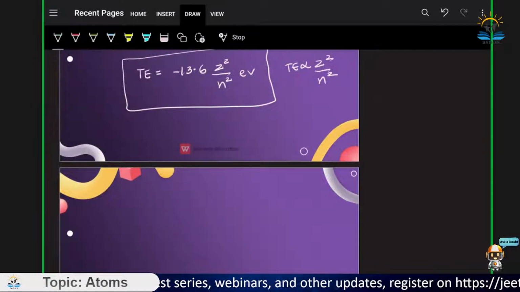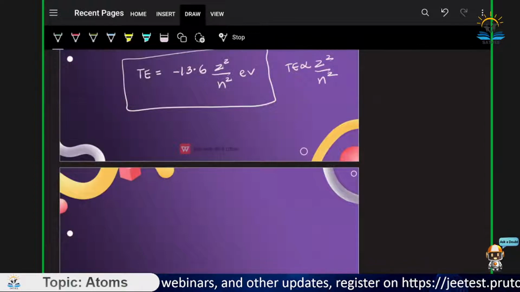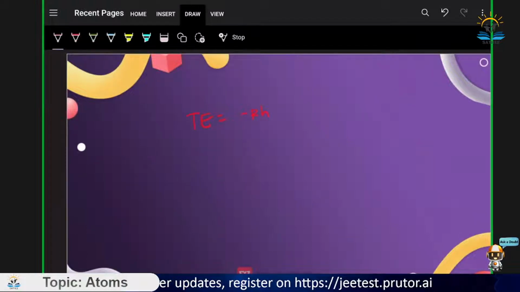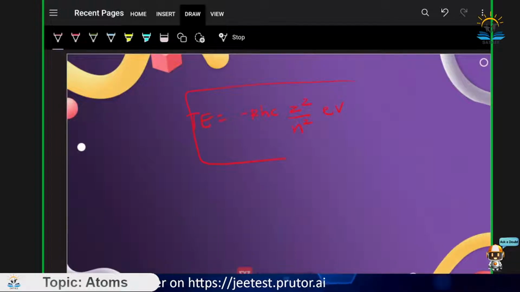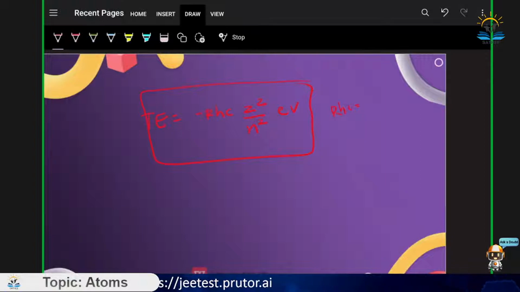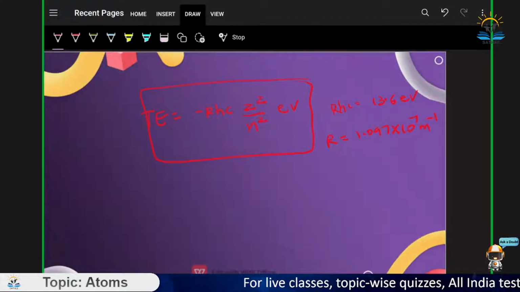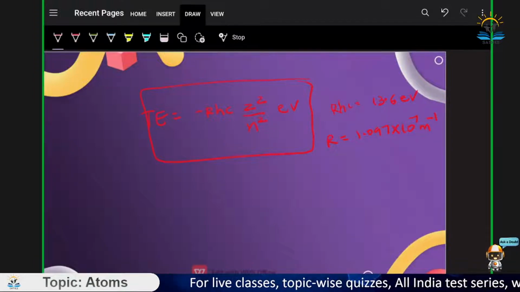So total energy equals minus Rydberg constant z square by n square electron volt, where the Rydberg constant is 13.6 electron volt, that is R into hc. The value of the Rydberg constant is 1.097 into 10 raised to 7 meter inverse.